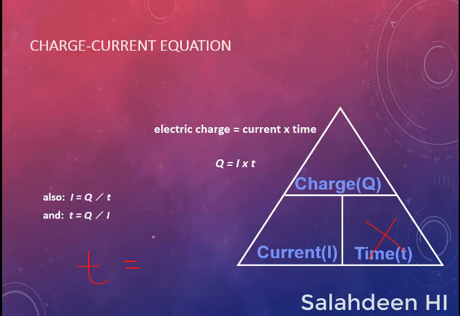It equals the remaining parts, charge and current. So we have Q divided by I. So this is a simple way of finding the formula.